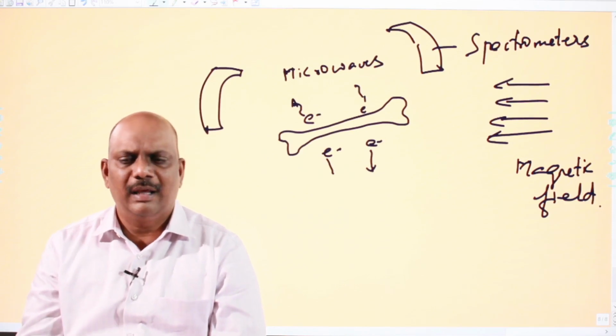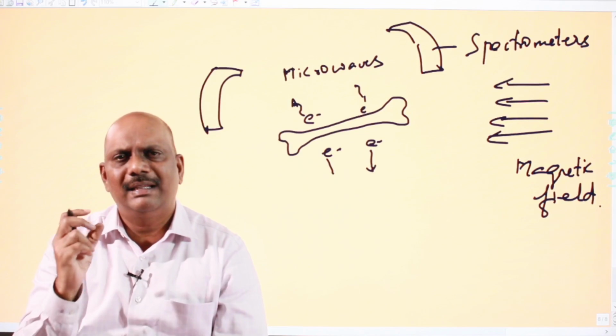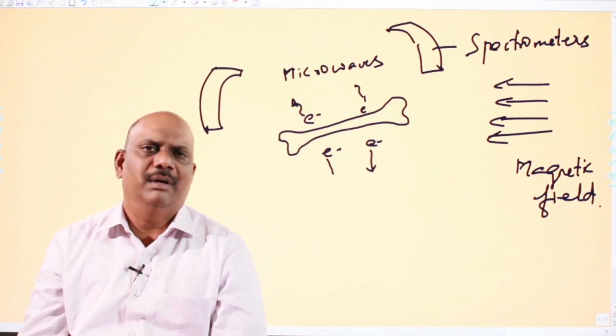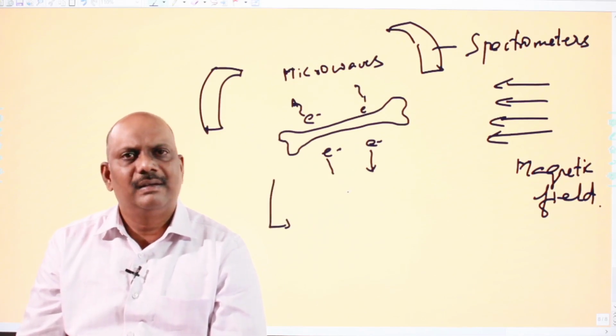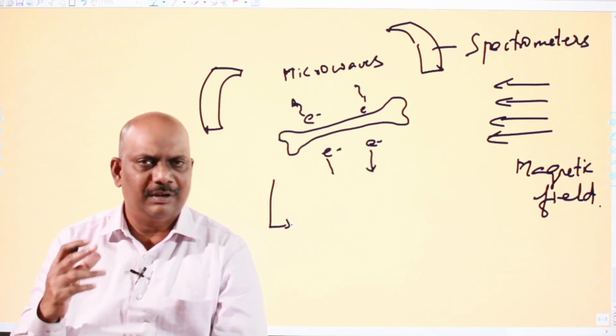After estimating the amount of microwaves produced, and by comparing that with the free electrons in that given environment, we can estimate the age of this fossil. Yes, the age of this fossil.